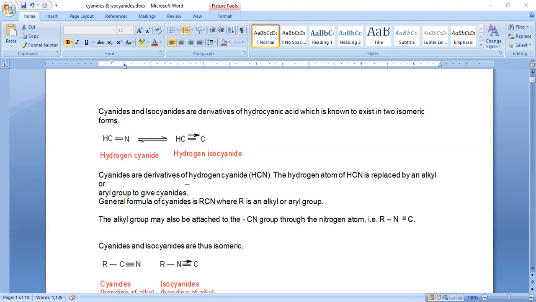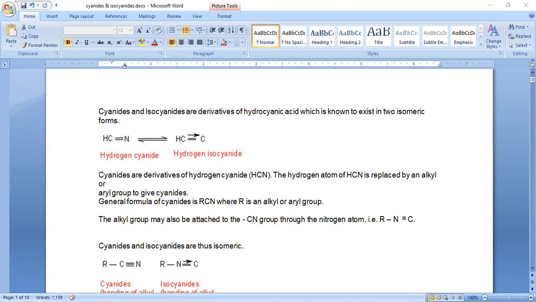If you write the electronic configuration of carbon, that is 1s2, 2s2, 2p2. Now let's write the electronic configuration of nitrogen.